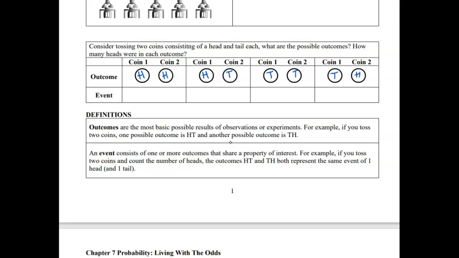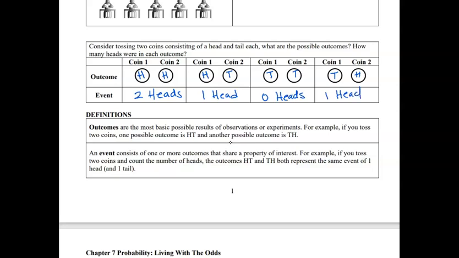Okay, so it says how many heads were in each outcome, which is what this is asking. So this one had 2 heads, right? This one had 1 head, 1 tail. This one had 0 heads, and this one has 1 head.